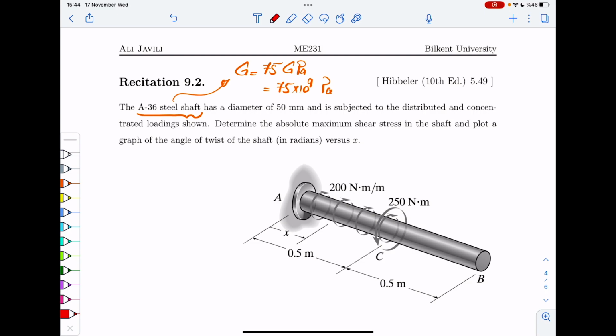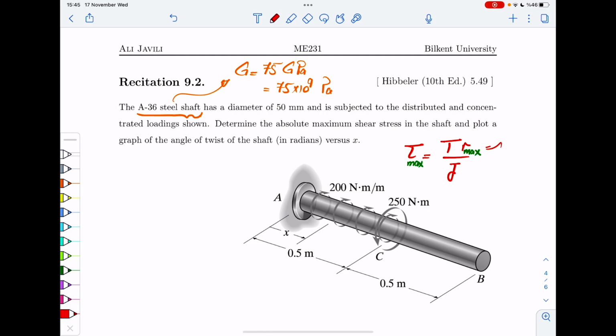The first one is the maximum shear stress. So in order to answer that, we remind ourselves of the formula for stress. If you have tau as the shear stress, tau is TR over J. Now, that tells you if you are looking for maximum tau, then you would have it at maximum R. So it happens at the outer boundary of the shaft.